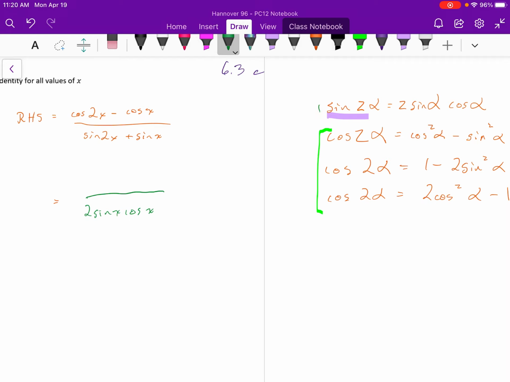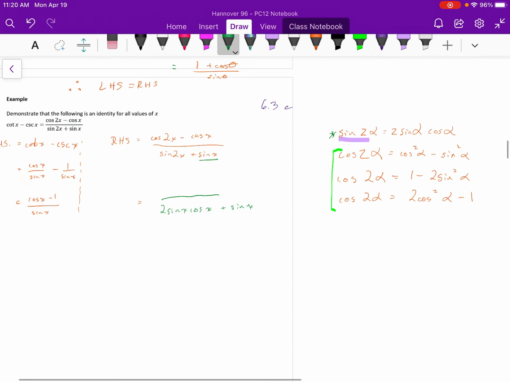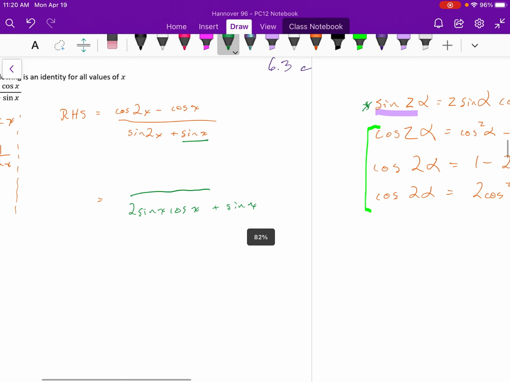So I'm going to use this one for sure. It's the only option. Now, don't forget, I almost forgot to add sine x, because sine x was that term there.